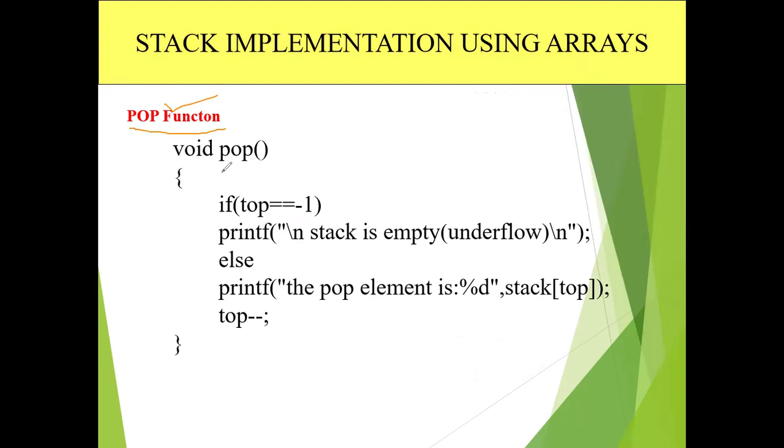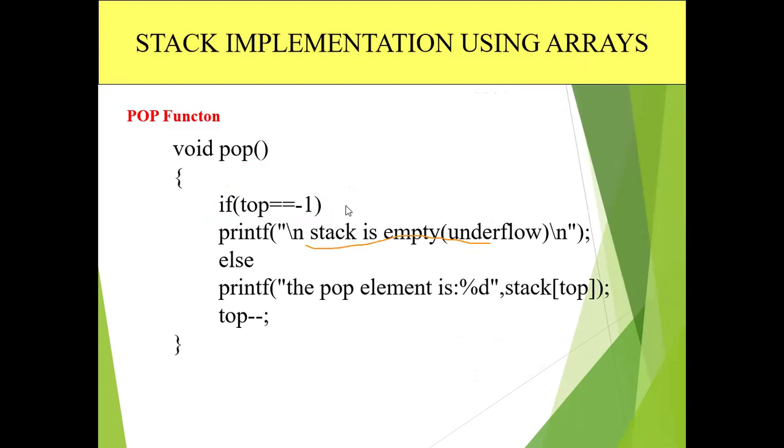To implement it, first define a pop function like this. In the beginning, check whether the top value is equal to -1 or not using an if statement. If top is equal to -1, the condition becomes true and this statement executes, which indicates the stack is empty.